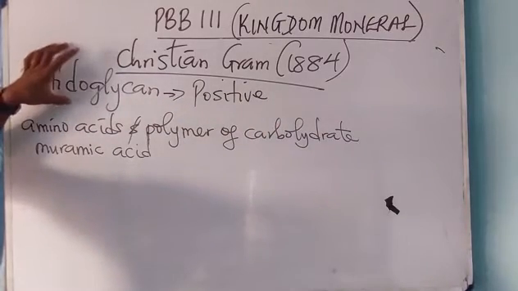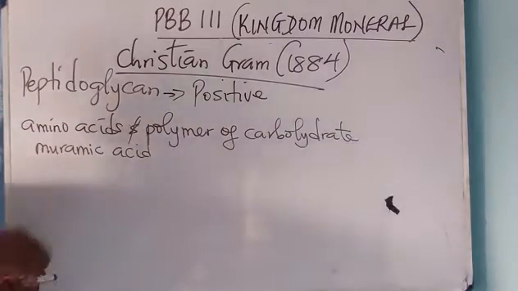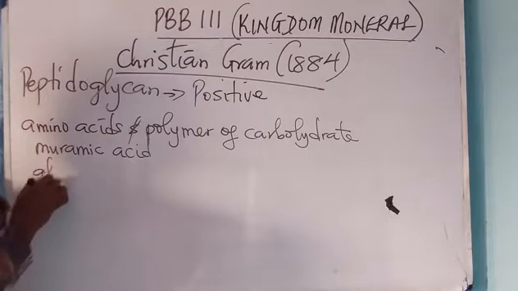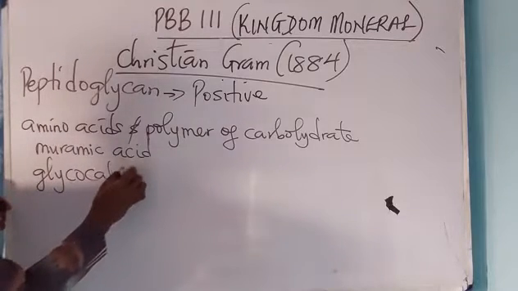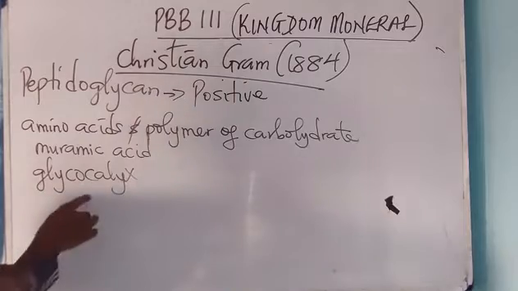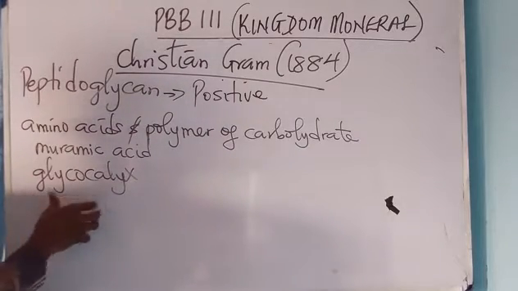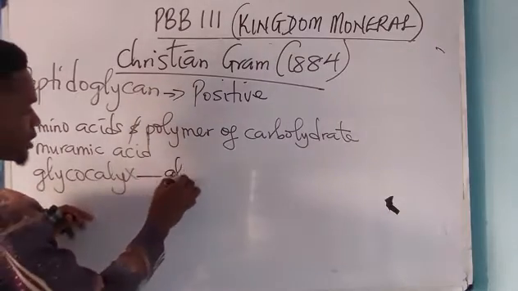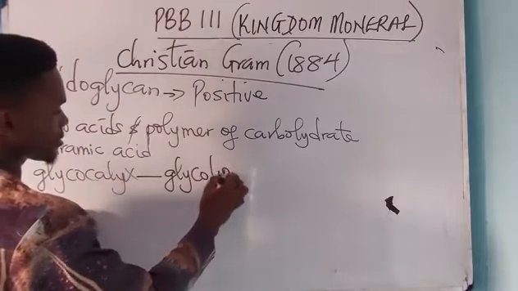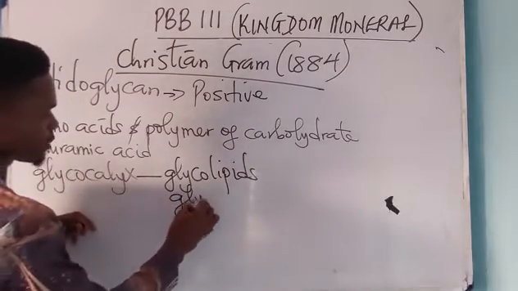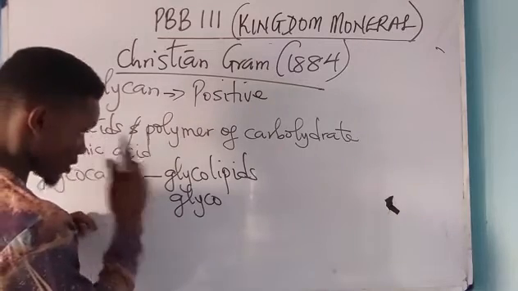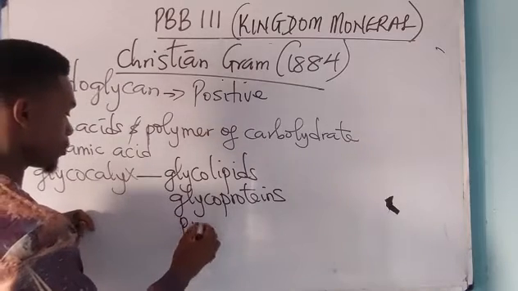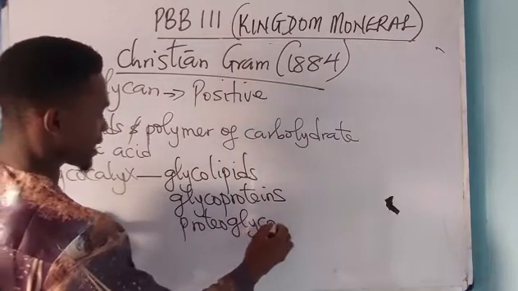This description is restricted to what? The peptidoglycan. However, externally to the peptidoglycan is the glycocalyx. This glycocalyx is made up of three entities. It's made up of the glycolipids, the glycoproteins, and the proteoglycans.